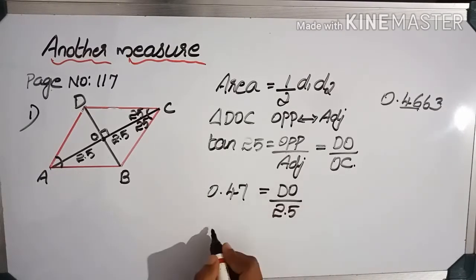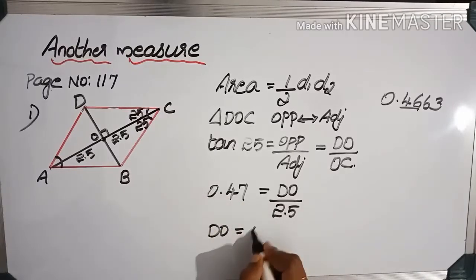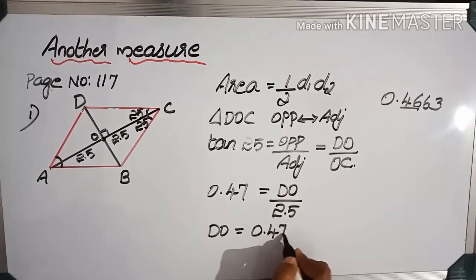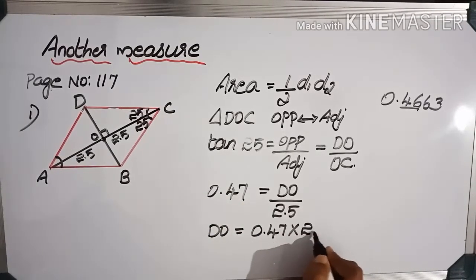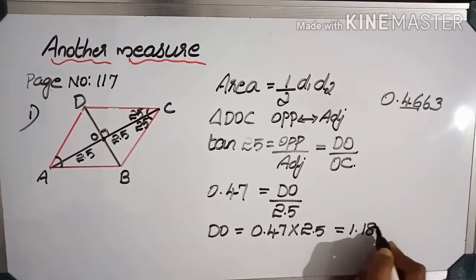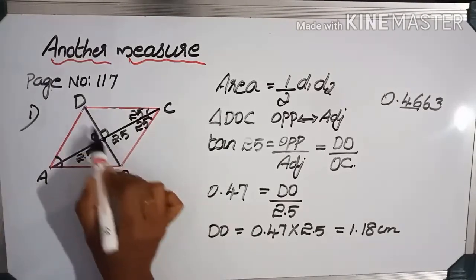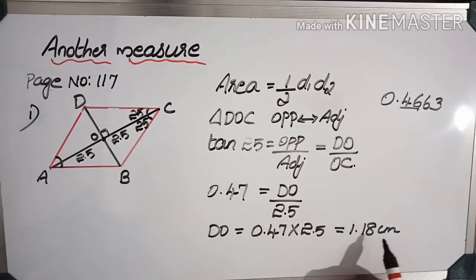Now in order to find DO, take this divided by to this side. So DO equals 0.47 into 2.5. When you multiply this you will get the answer 1.18 centimeter. That means up to here only one portion is 1.18. Next will also be 1.18.